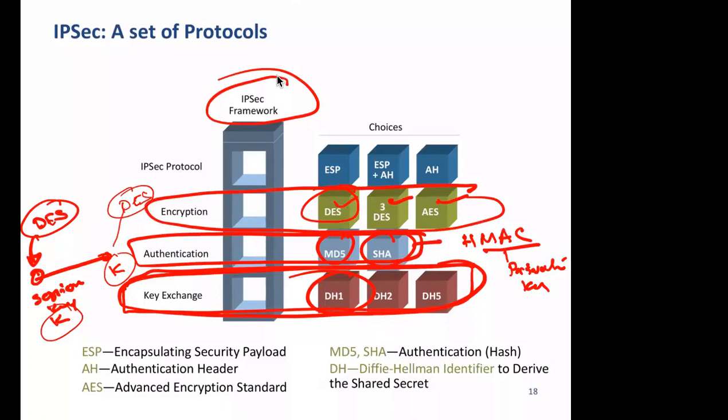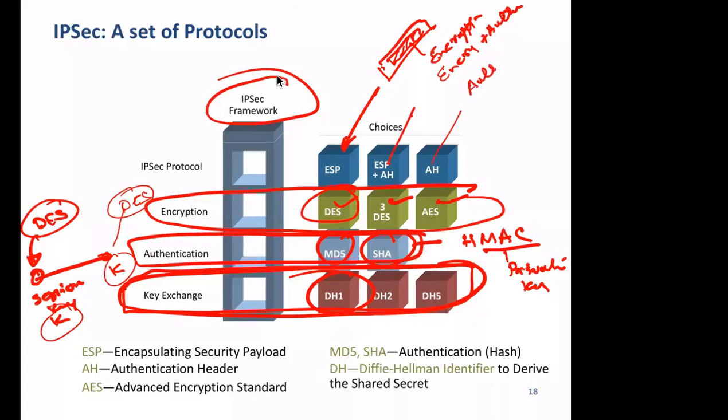Then we have the choice of doing ESP, which is the encapsulating type, where we put an IP packet within another IP packet and encrypt. We have a choice of doing just encryption, or encryption and authentication, and then a choice of only authentication, with no encryption.